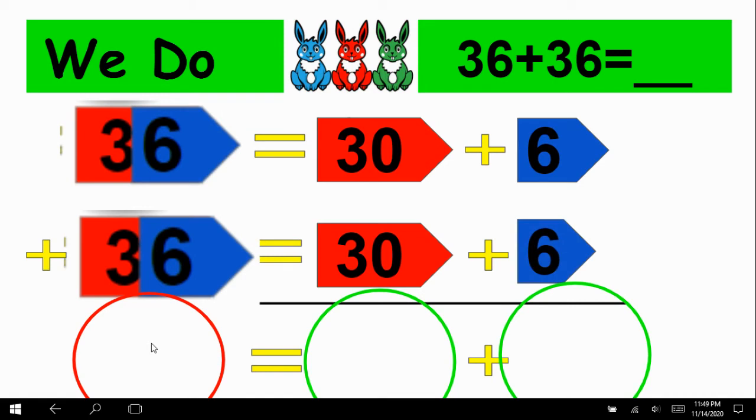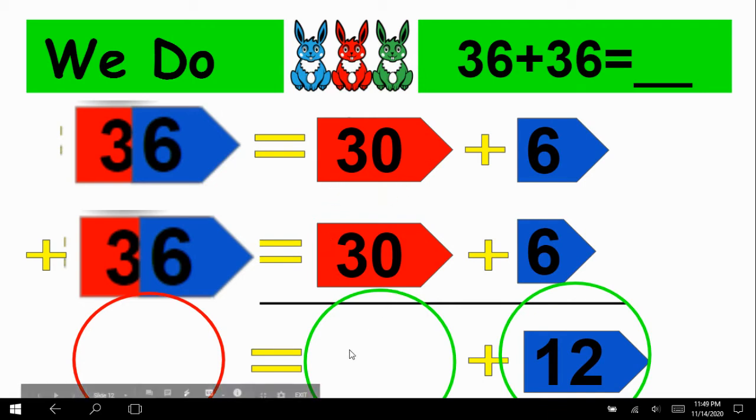Now we're going to add down, beginning with the ones place. 6 plus 6 is, wow, that was fast. You know your double facts. And if you know 3 plus 3 is 6, then you will know that 30 plus 30 is 60.